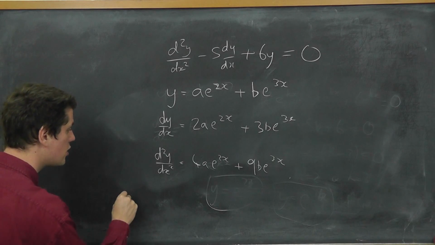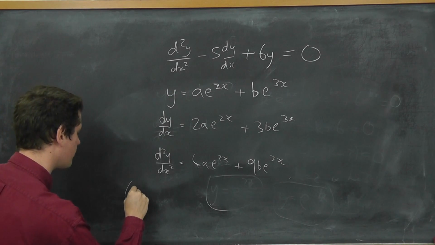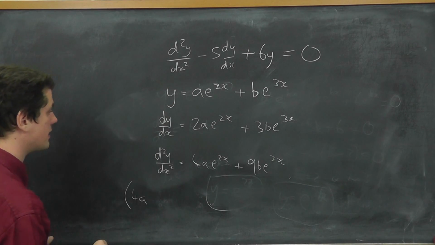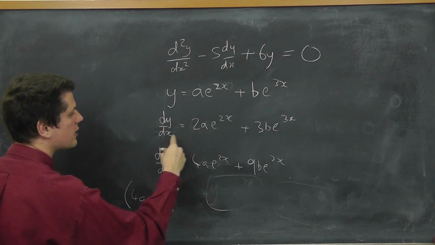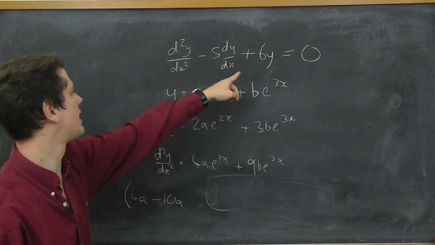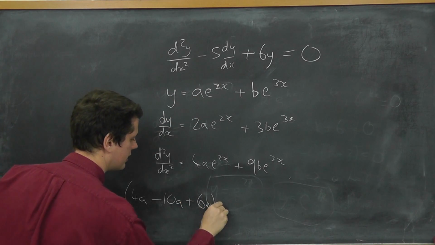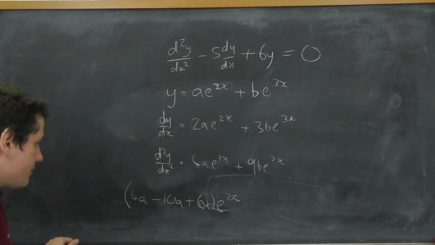So for the e to the 2x terms, we get 4a from the d squared y by dx squared, minus 5 lots of dy by dx, so that's minus 10a, plus 6 lots of y, which gives us plus 6a, times e to the 2x.